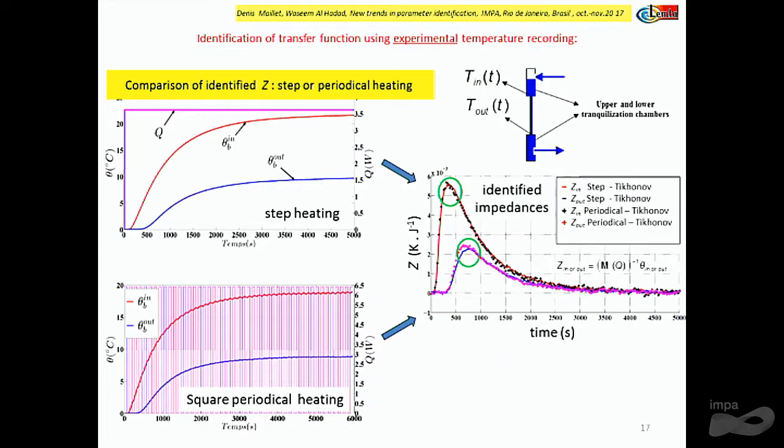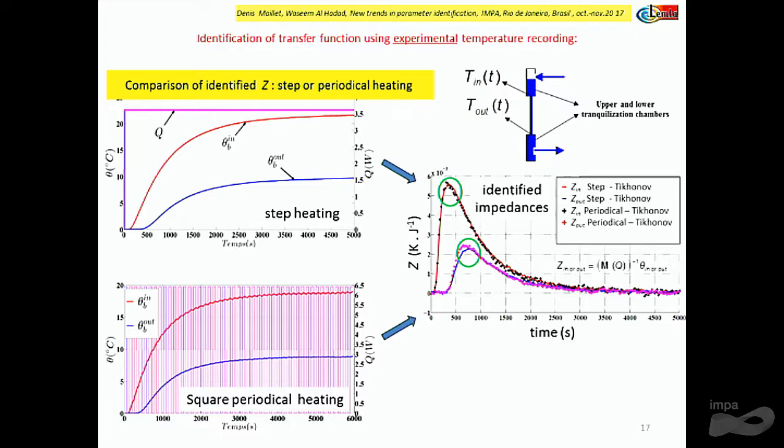And so we made measurements. That's a measured value. We use first a step excitation, and here you have the measured temperature at the inlet and outlet. And here we use a different type of excitation, with a square periodical heating, starting from 0 at thermal equilibrium.